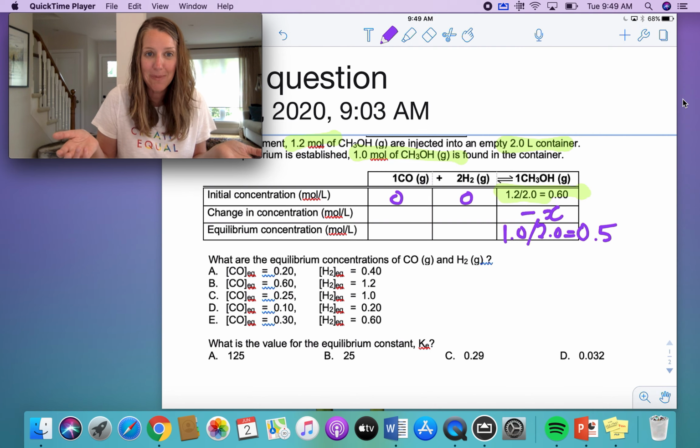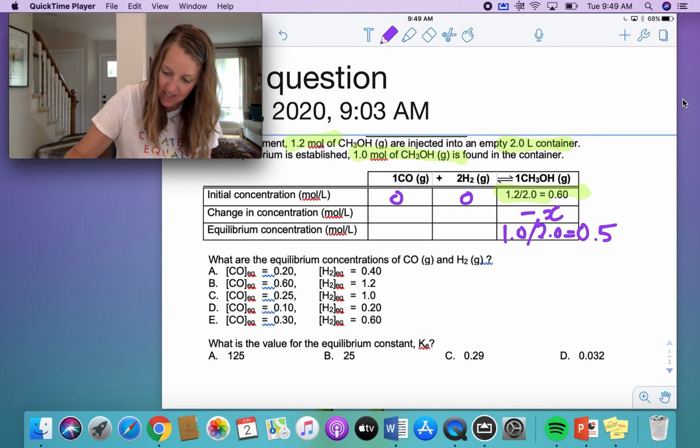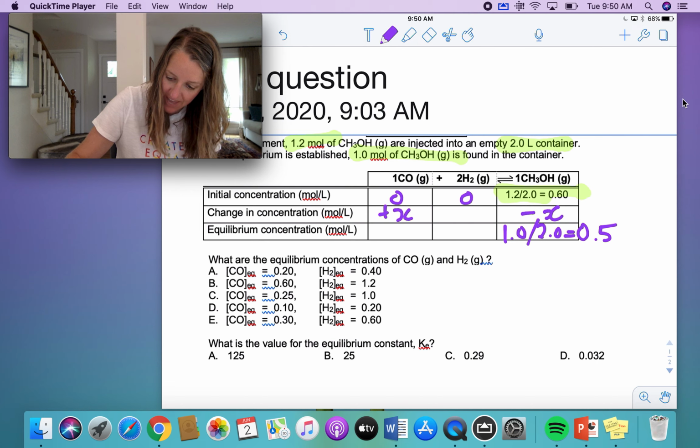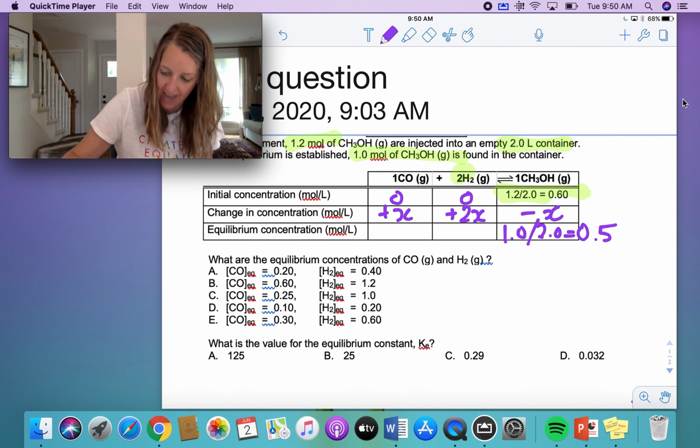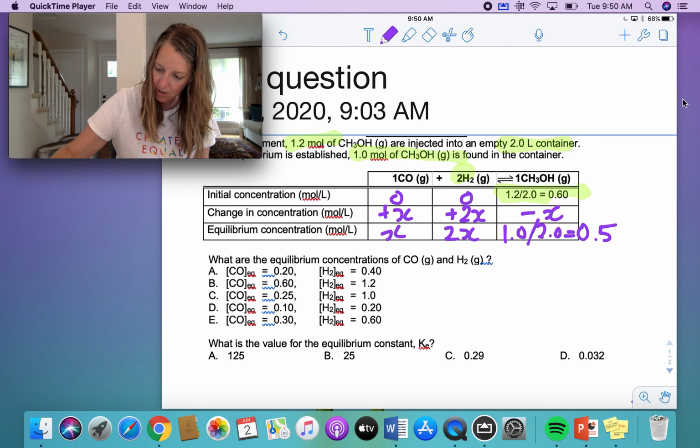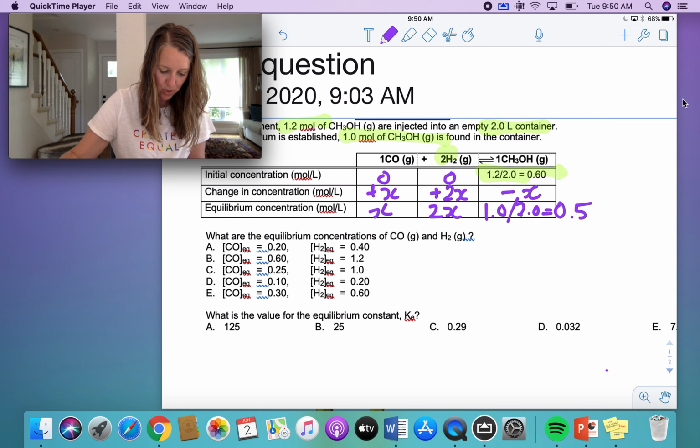You didn't have any to begin with, and at the end you're going to have some. So all of the things on the reactant side are going to increase. This is going to increase by a factor of X. This is going to increase by a factor of 2x. Okay, so this will be x, this will be 2x, and then we already know our equilibrium concentration for your final product.